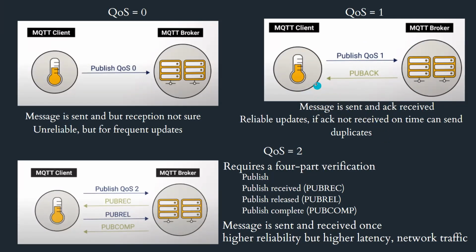If the client does not receive the acknowledgement message after a given time, then the client will resend the data to the broker. So with QoS level 1, the client might send duplicates of the same data to the broker, so there could be duplicate data transmission to the broker in QoS level 1.